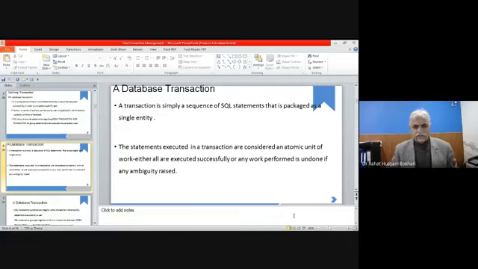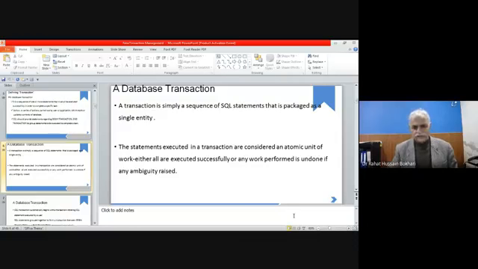Although we say a transaction is considered an atomic unit of work, it might happen that I only executed one statement, or I may have executed two or three statements, which I take as a logical unit.